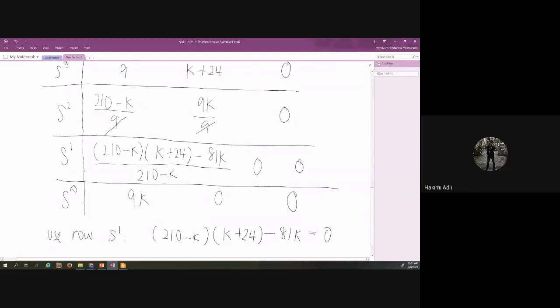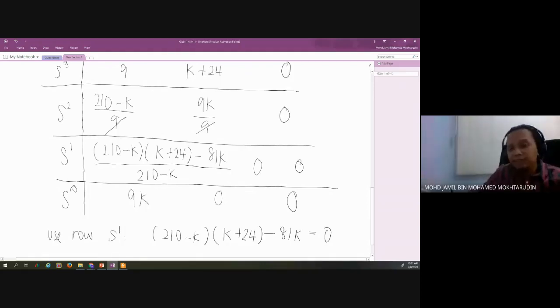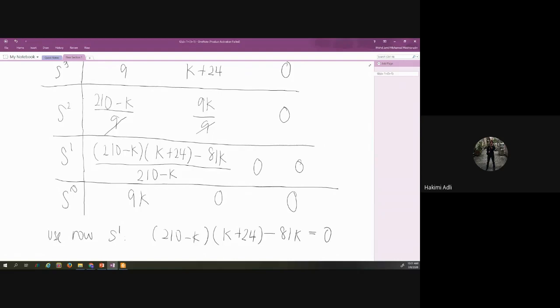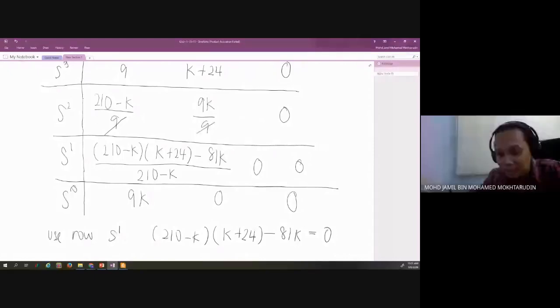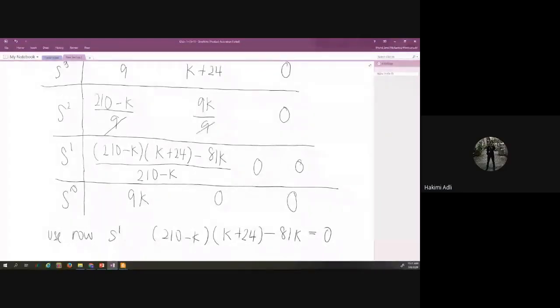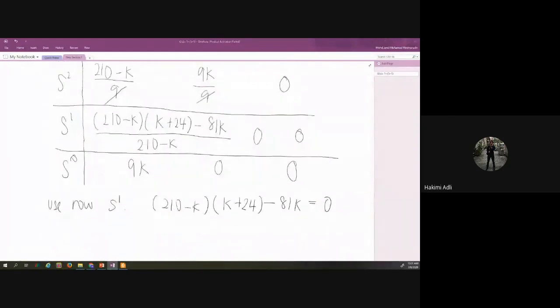Ya. Salah lah. Oh, slide ni salah. Dia tricky. Nak bagi korang salin je. Korang kat UMP ke? Okay. 9K dah 9. Cuma disimplifikan bawah ni, dia tak nak ni ada fraction. Okay dah. Terima kasih dah.